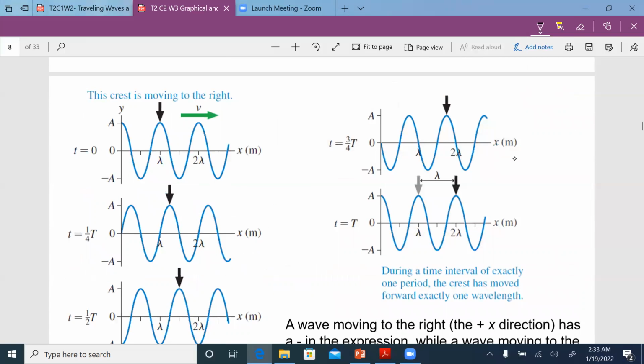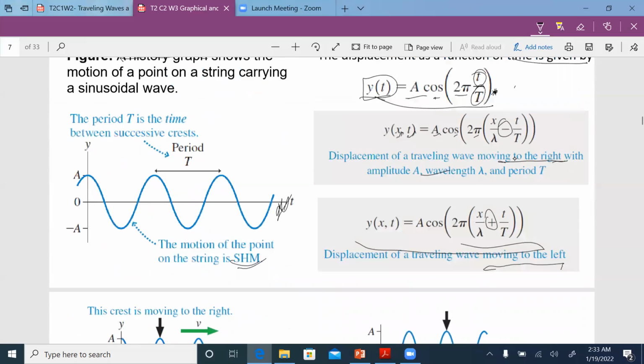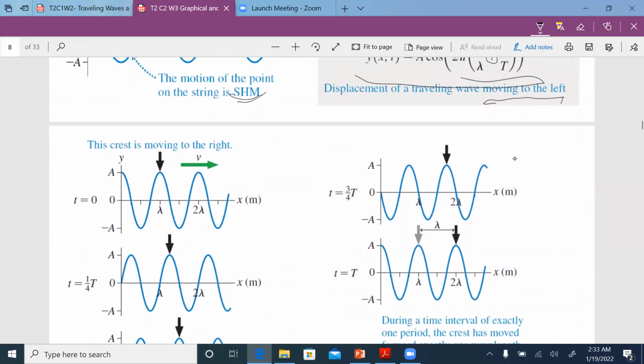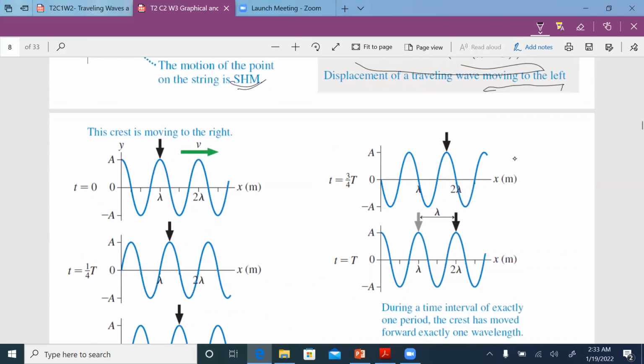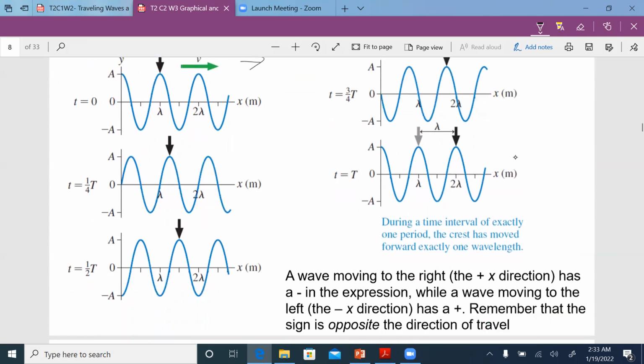So, still continuing on the wave and the mathematical expression, for example, this crest is moving to the right as the wave is traveling to the right. So at t equal to 0, there are different directions the wave is traveling. That's what the figure is showing us.